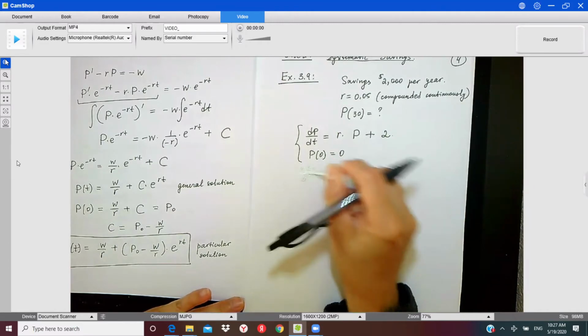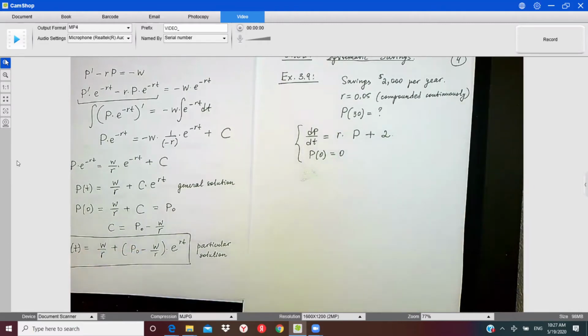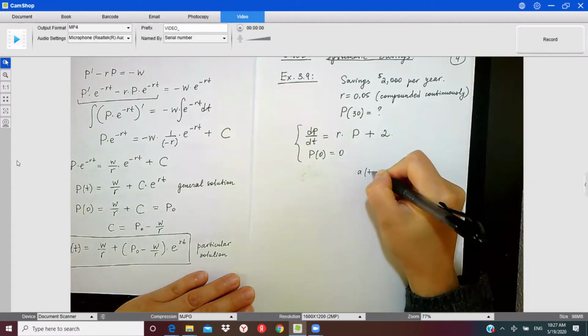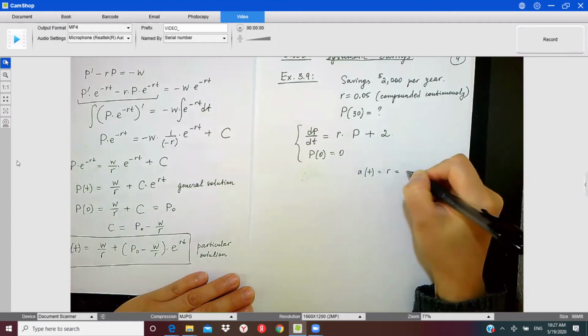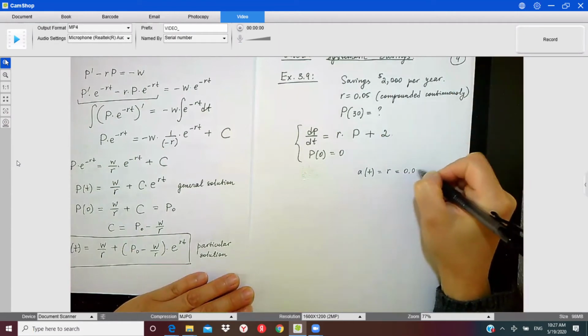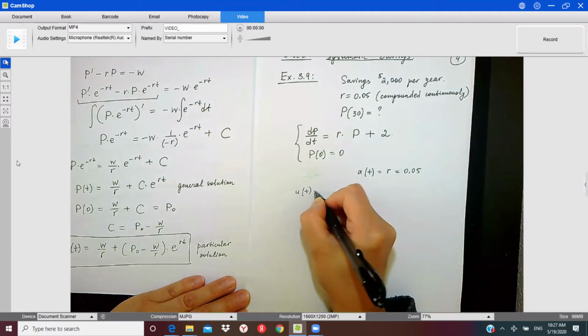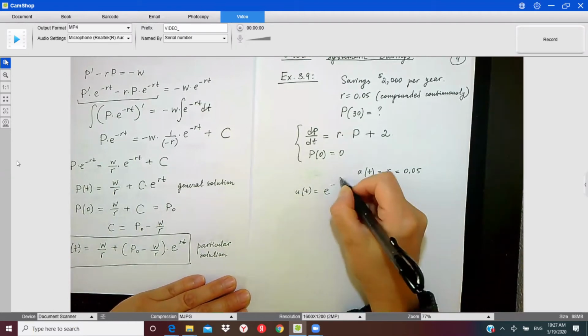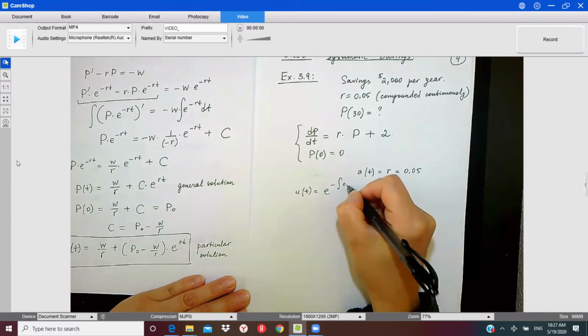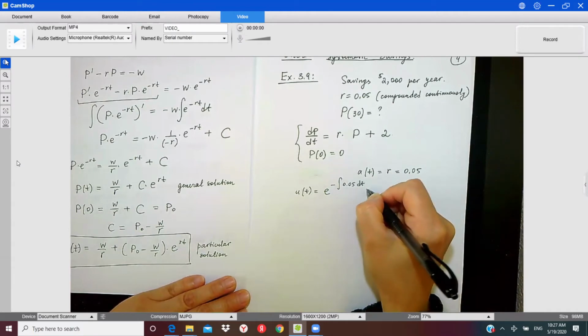Linear. Linear, excellent. So tell me, what is A of t in this problem? R. Excellent. So R, which is given, 0.05. I'm going to put U of t over here, negative integral, then we have 0.05 dt, right?